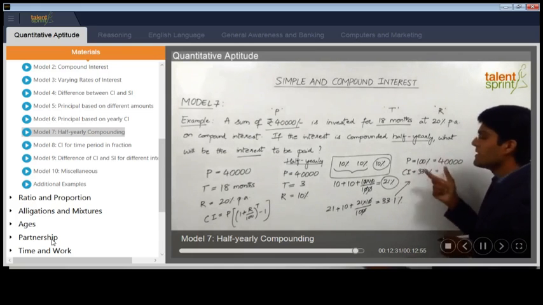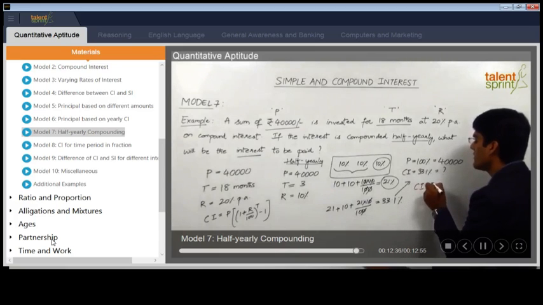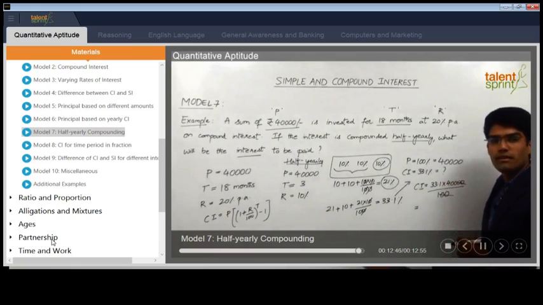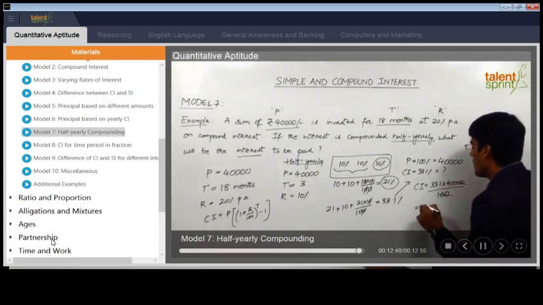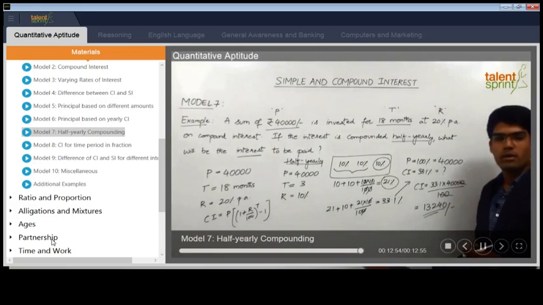By cross multiplication we get the required answer. So we can say that the compound interest here would be equal to 33.1 into 40,000 divided by 100. And by doing the calculations we get the answer as 33.1 into 400. That would be equal to 13,240 rupees. So the final answer here is 13,240.